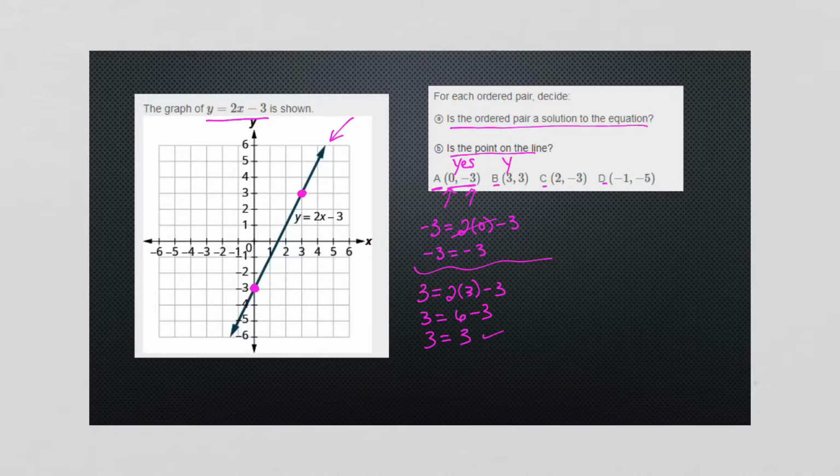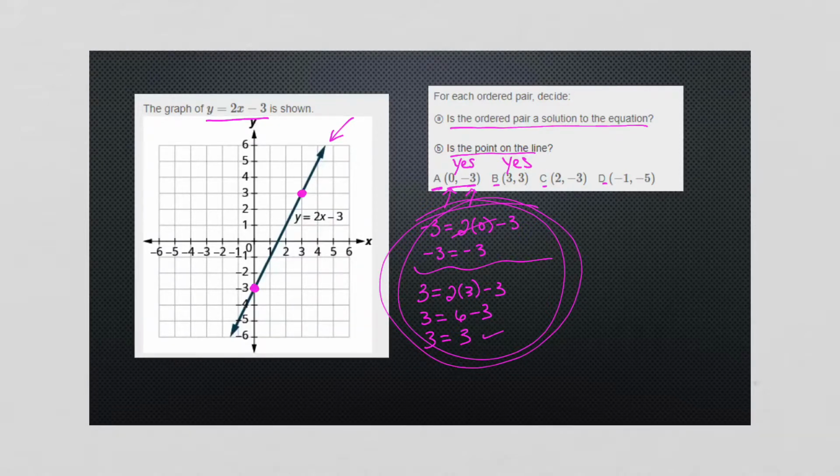So on part B, we would say yes. And keep in mind, if you know that the dot lies on the line, you don't have to do this. That's just double checking your work, and that's okay, but it's not necessary. If you can tell for sure that that dot lies on the line, you don't have to do the algebra.